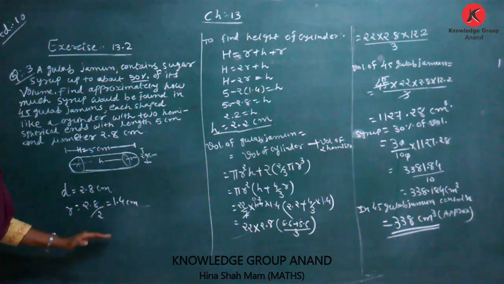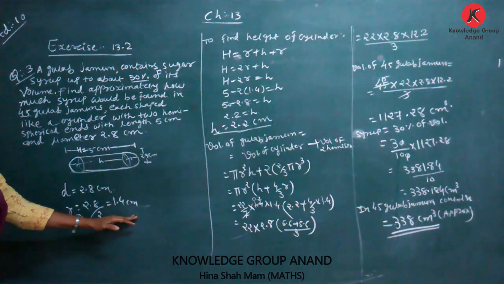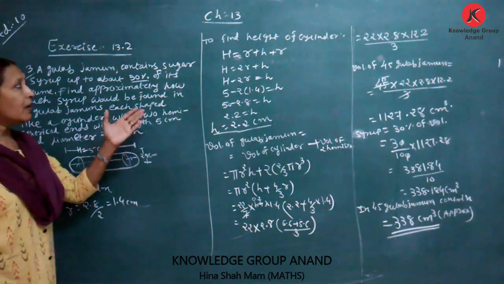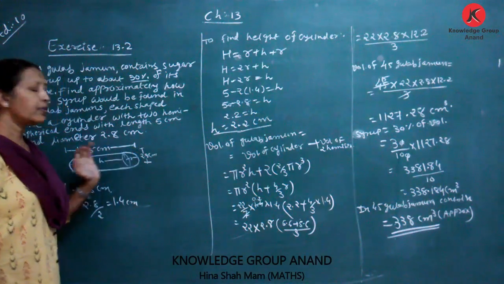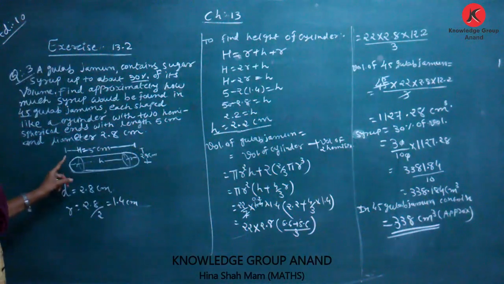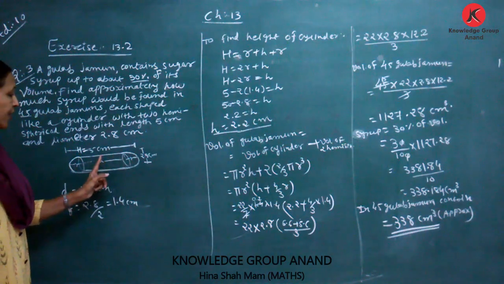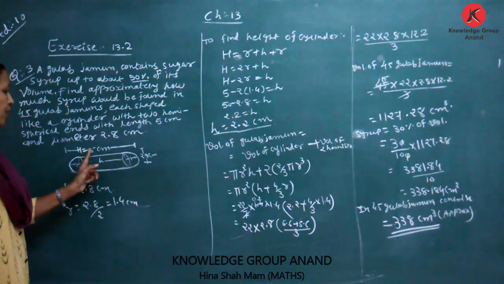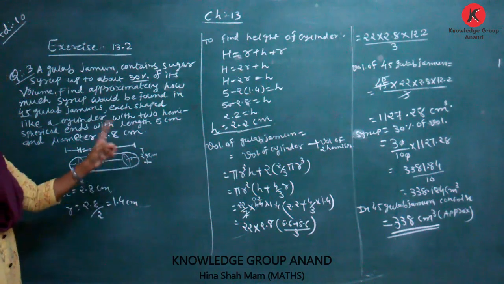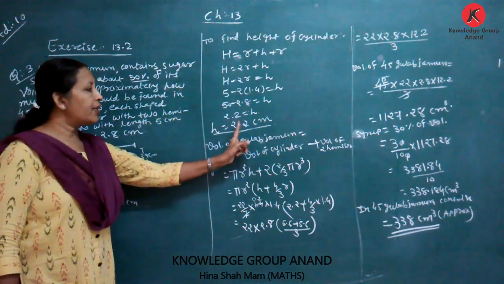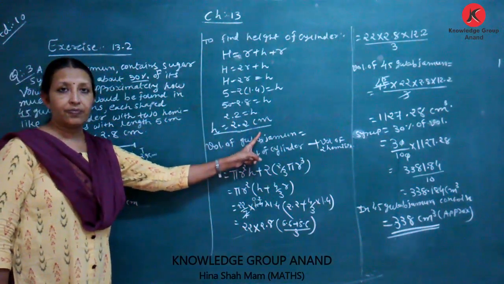Diameter is given, then we find radius is equal to 1.4. Find the height of the cylinder. H is equal to h plus 2r. Therefore, h is equal to 5 minus 2r, which is 2.2 cm.